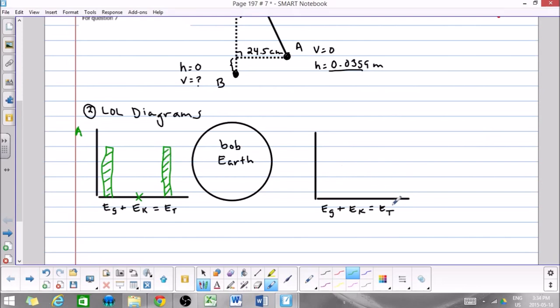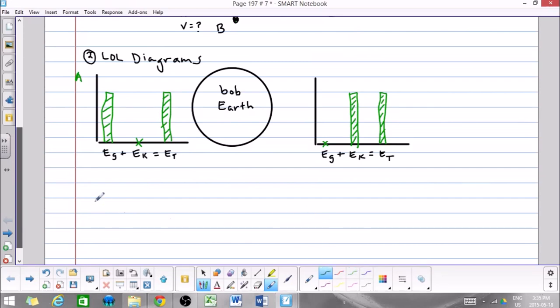There's no work done on the system by outside forces, so the final total energy will be the same, but now it's 0 EG, and all of that is kinetic energy. So, starting position, all gravitational potential energy you let go. In the lowest position, it's all been converted into kinetic energy, so you'll have your maximum speed down there.